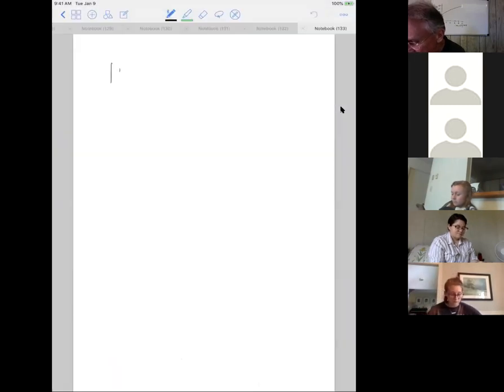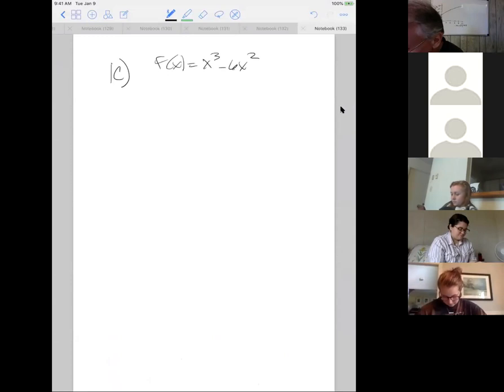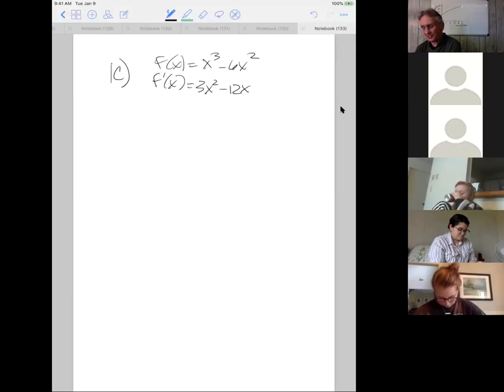All right, 1c. Now you're being asked for concavity. We've got x to the third minus 6x squared as the function. Therefore, we need the second derivative test because that's what's related to concavity. There are other ways to do it, but it takes a lot more words to explain how you know it's concave down versus concave up.